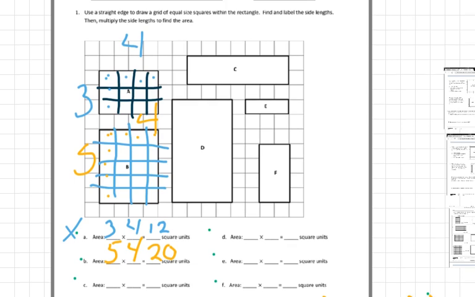All right, so you see what we're doing here? All right, let's go to letter C. Now I can count the shapes inside for the area. So here we go. 1, 2, 3, 4, 5, 6, 7. 7 this way. And 1, 2.